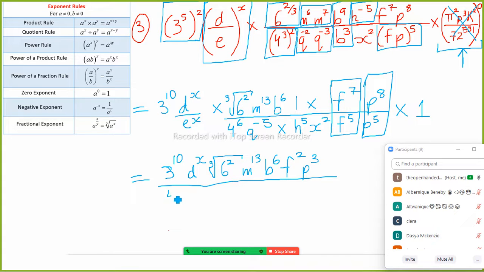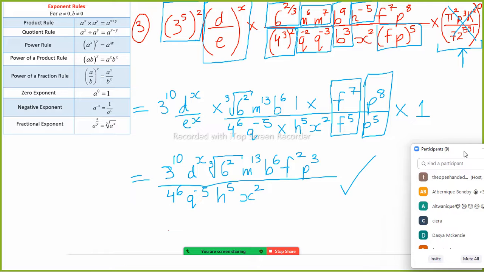4 to the 6, q to the negative 5, h to the 5th, x squared, and that's our answer. It's our final answer.